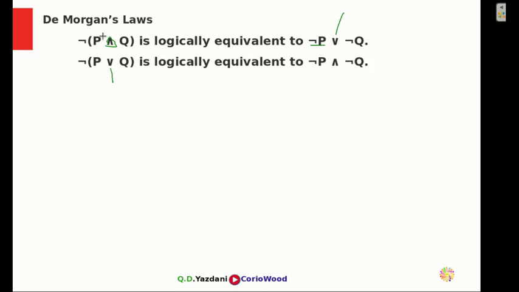So here in the parentheses, not (P or Q) is logically equivalent to not P and not Q. So this is De Morgan's law.